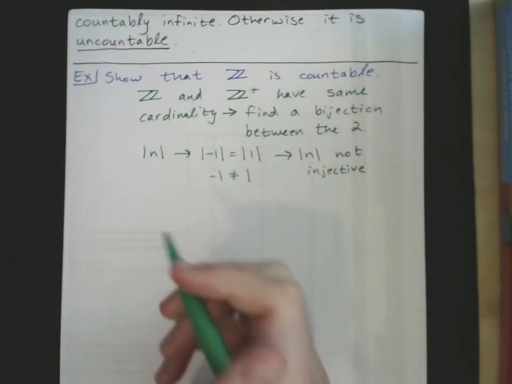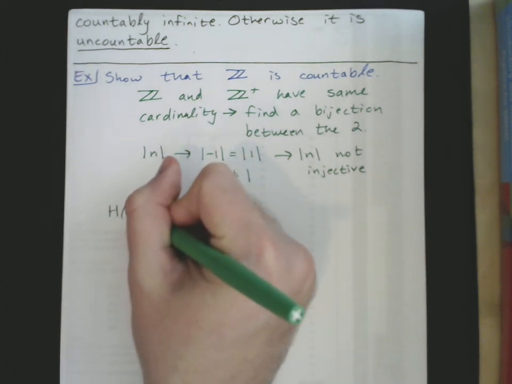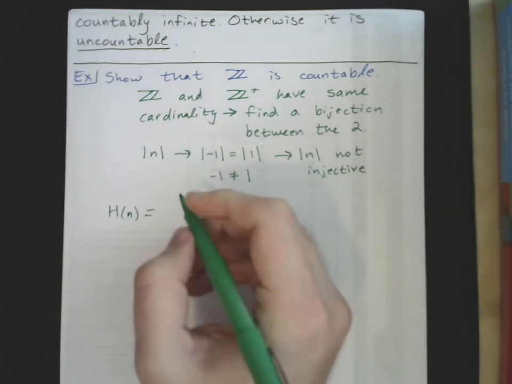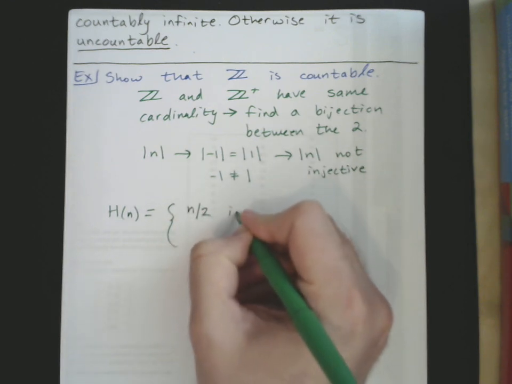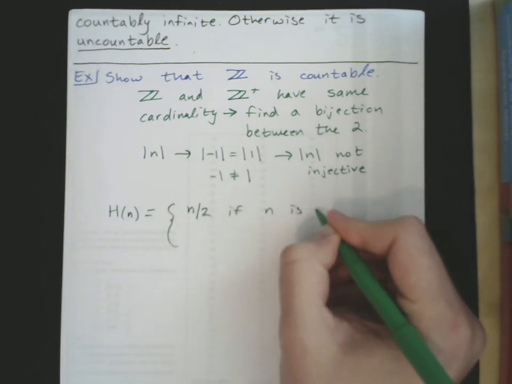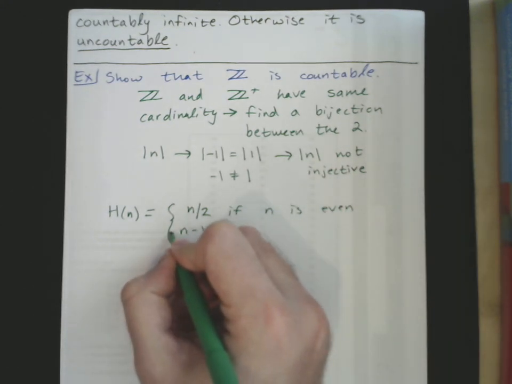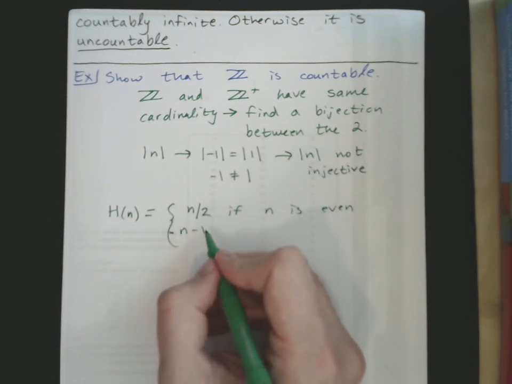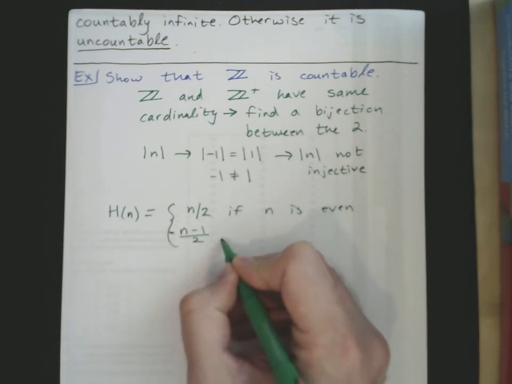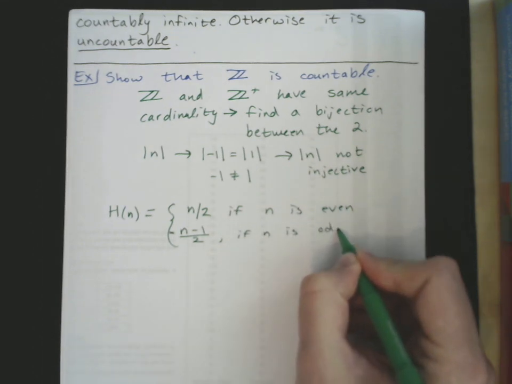So the function that gets used most often, h of n equals piecewise defined n over 2 if n is even, and negative n minus 1 over 2 if n is odd.